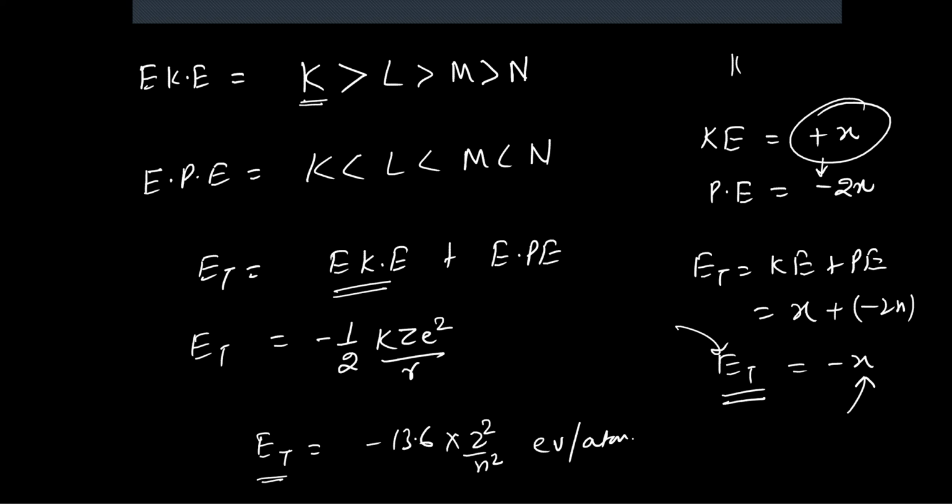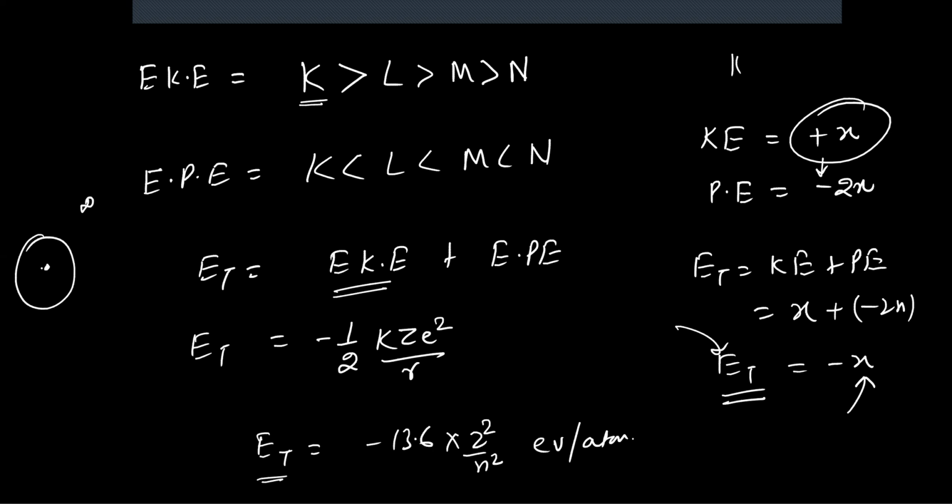Now you need to understand one thing: the total energy of the electron is negative. I told you the maximum energy an electron can have is zero, at infinite distance, when it is not experiencing any charge.